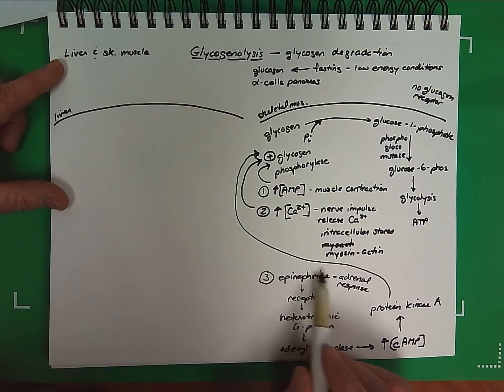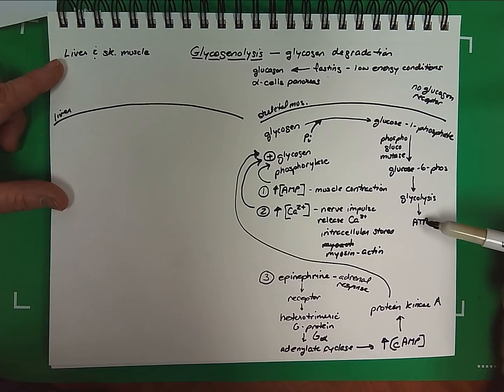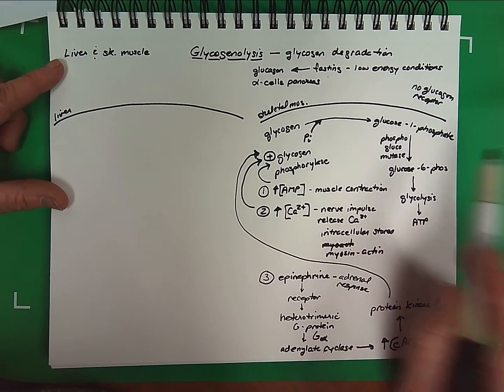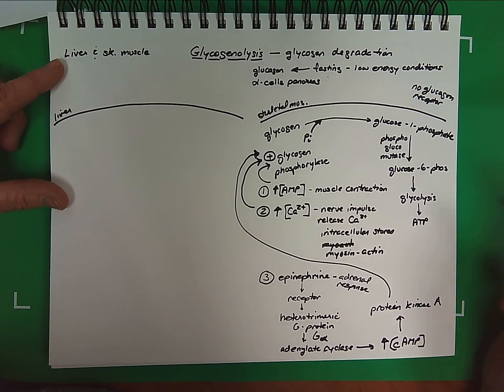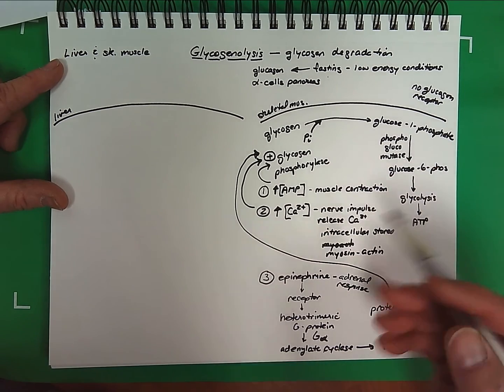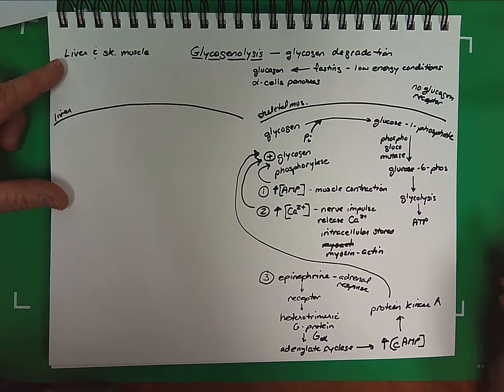Simply, if we are in a fight or flight response, we are going to be maximally using our ATP for myosin-actin interactions, and so we need to make sure that our ATP stores are not depleted and are restored from our glycogen sources. So each one of these signals is slowly increasing the activation of glycogen phosphorylase.